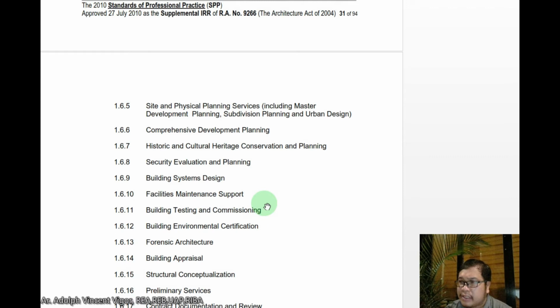In our previous Professional Practice 1, we discussed the different laws governing subdivisions. So I think you already have an idea of the processes and the minimum design standards involved. Then you have comprehensive development planning, and you have historic and cultural heritage conservation and planning.